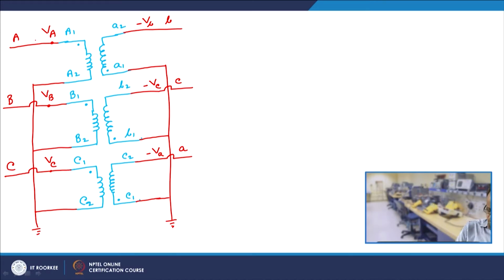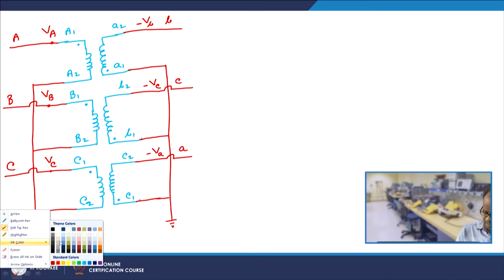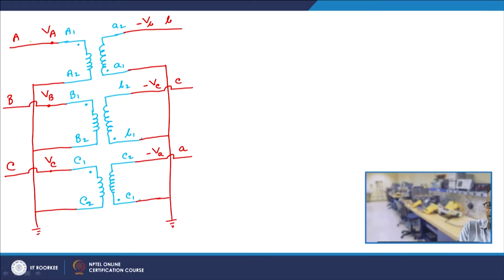And now we denote these currents as IA, IB, IC, capital C, right.